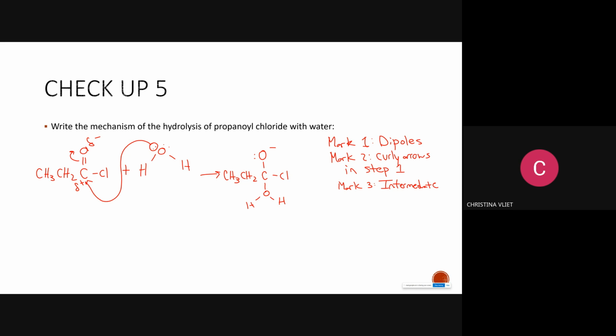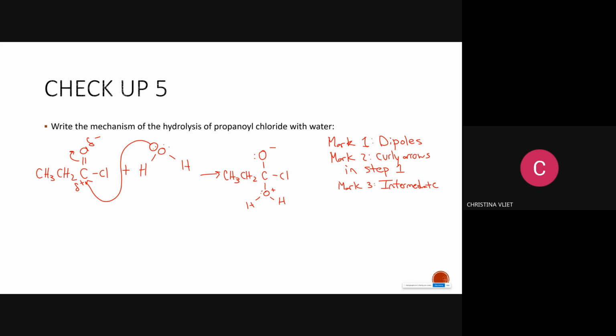Wait, that's an interesting thing. It doesn't look normal. Oxygen actually has a positive charge here. We learned about formal charge. It only has 5 of its 6 normal valence electrons. That's really strange. So that cannot be our final product.